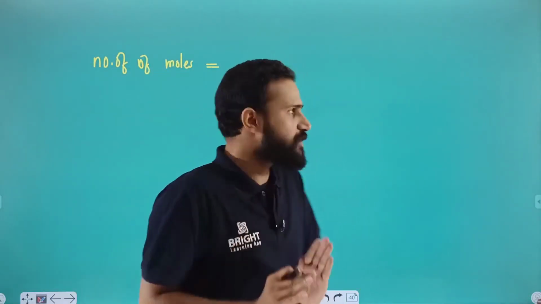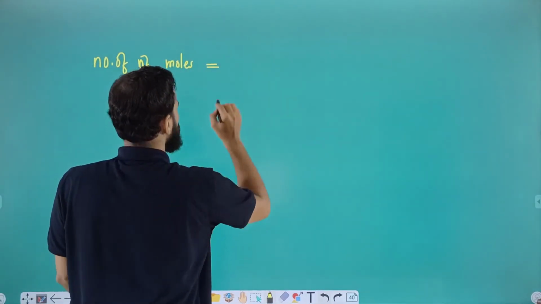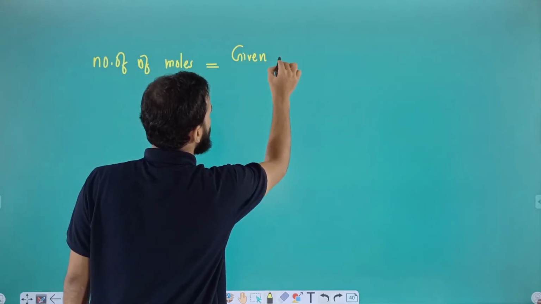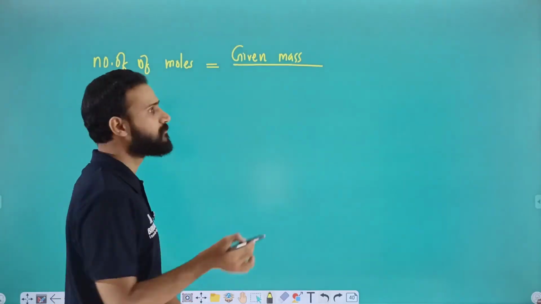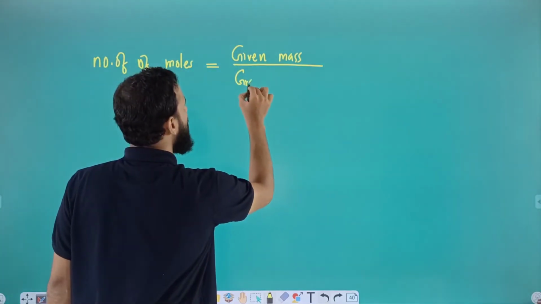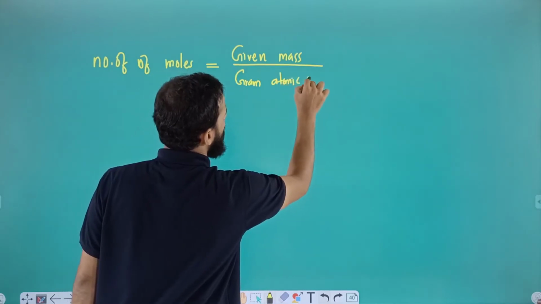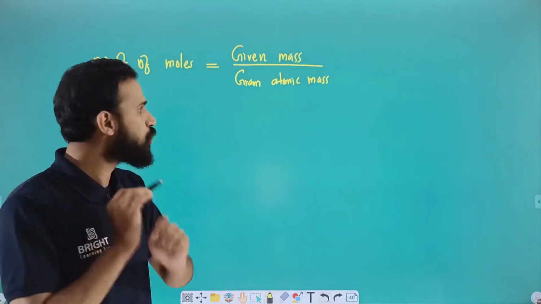Okay, the first equation, very simple. Number of moles is equal to given mass divided by gram atomic mass.